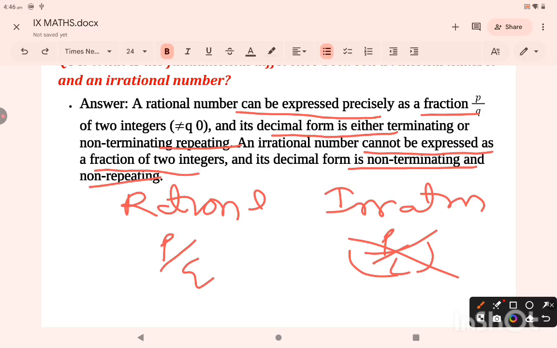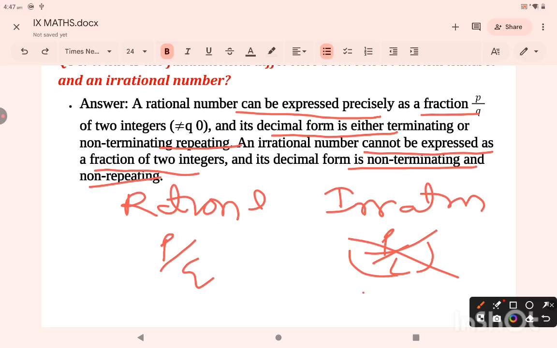Next, the decimal expansion of rational numbers are terminating and non-terminating recurring decimals.